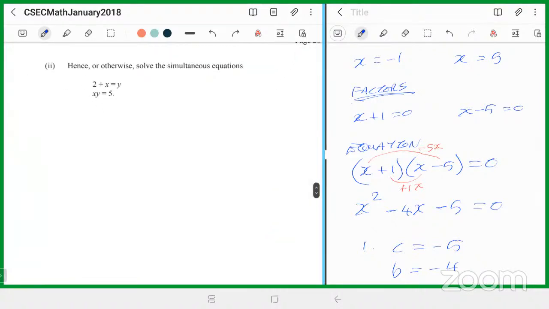Alright, and in this simultaneous equations, this one is a line, this one is a curve. Remember, the curve is the one that usually has products and quotients of x and y. The line is the one that can be written in the form y equals mx plus c. It has a y value by itself and an x value by itself, maybe with a multiplying constant in front of it.